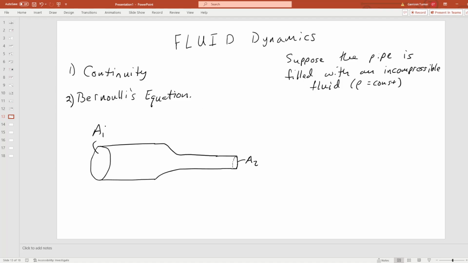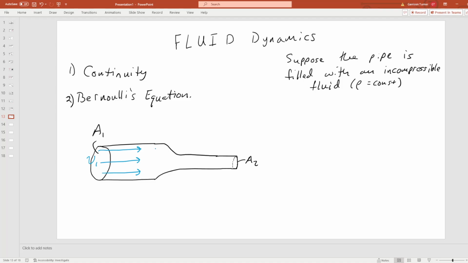And furthermore, suppose that the fluid is flowing through the pipe such that it's in region 1 first, with velocity v1.